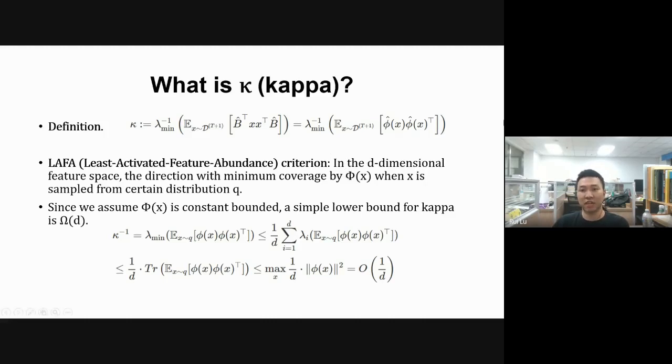But for the general class, we make assumptions on this function class phi and this distribution such that generalization is guaranteed.